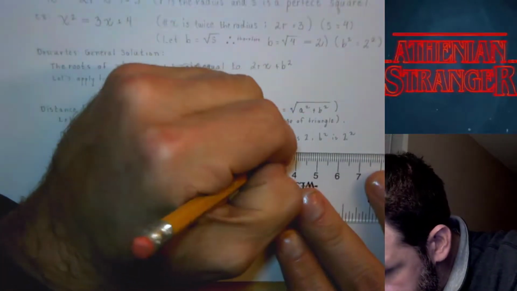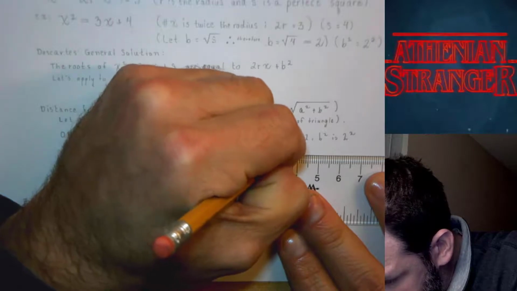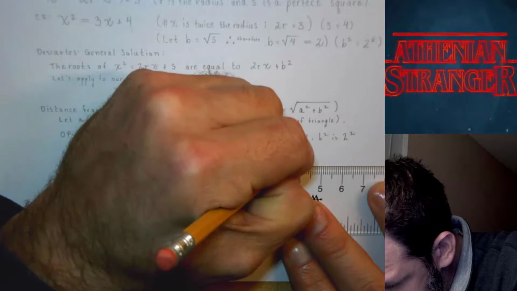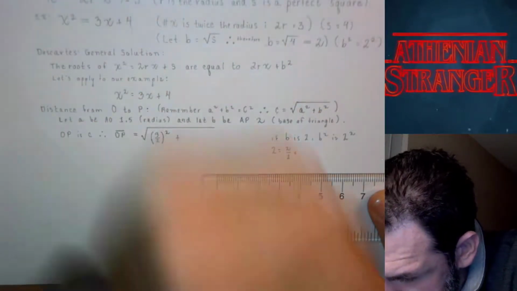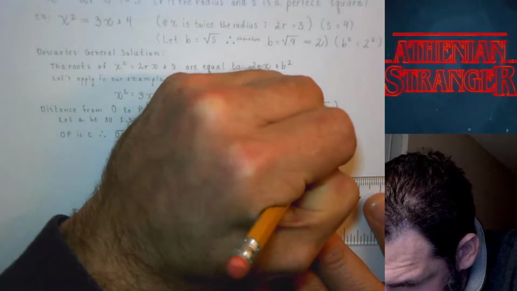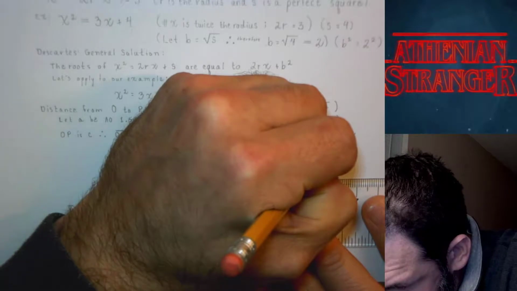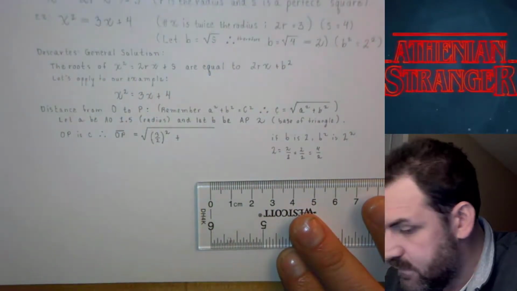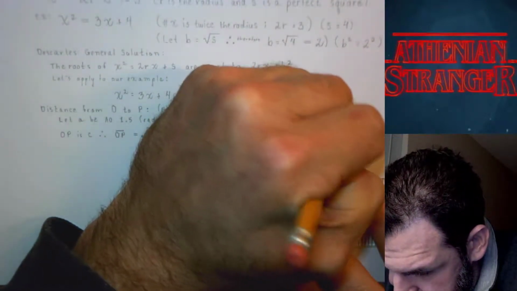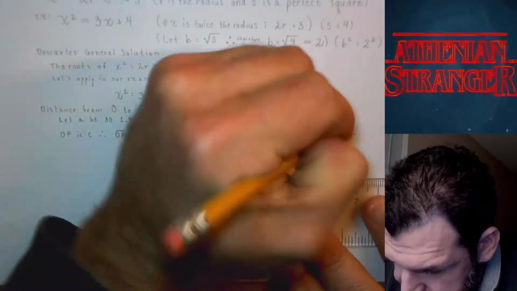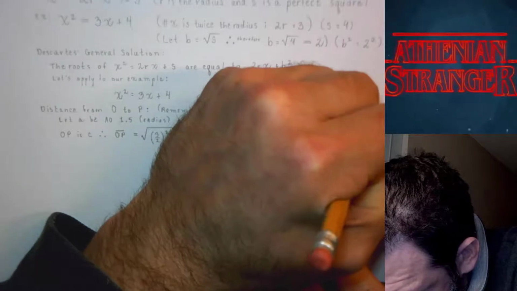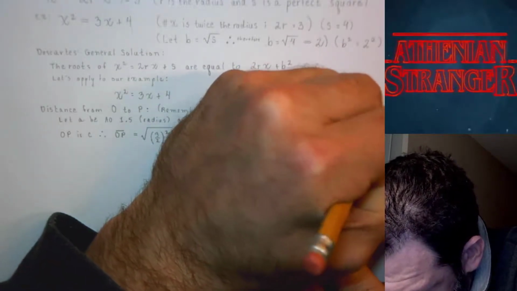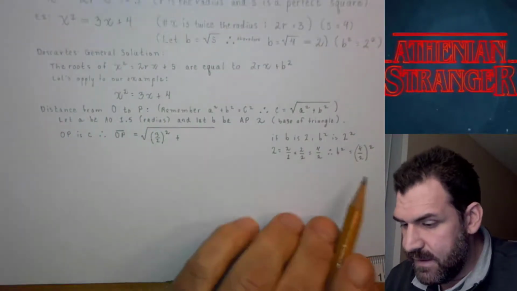Sure. 2 is just equal to 2 over 1. So if I want to make the bottom number be a 2, I just multiply by 2 over 2. And I get 4 over 2. So another way of writing 2 squared would be, therefore, b squared is equal to 4 over 2, the whole thing squared. Like that.